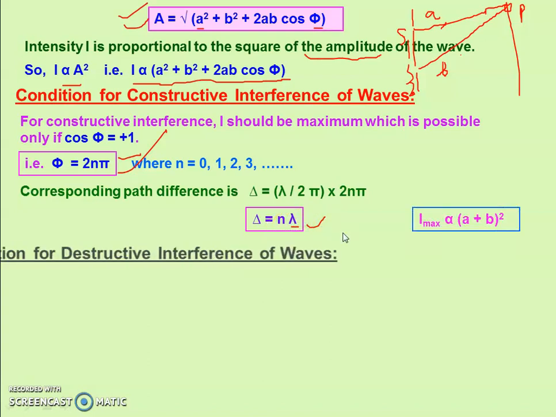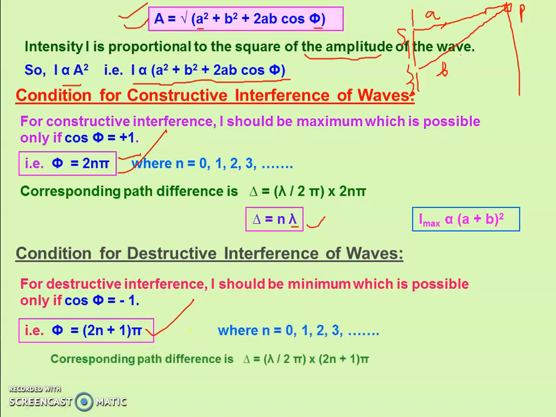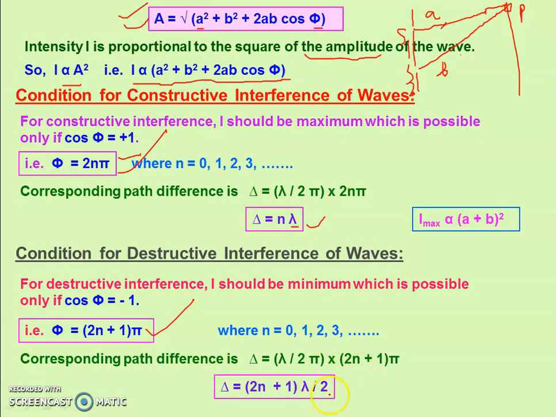In case of destructive interference, the phase difference should be an odd multiple of pi and the path difference should be (2n plus 1) into lambda by 2. It means an odd multiple of lambda by 2.